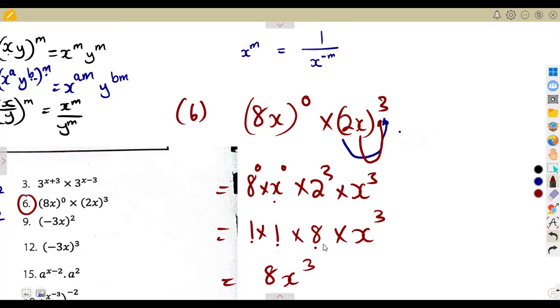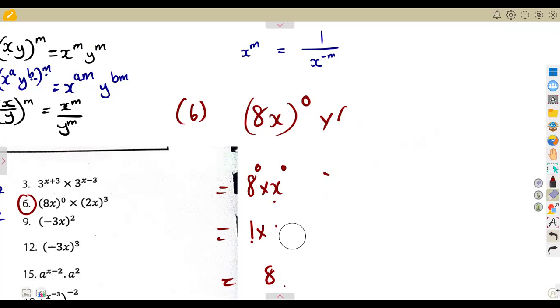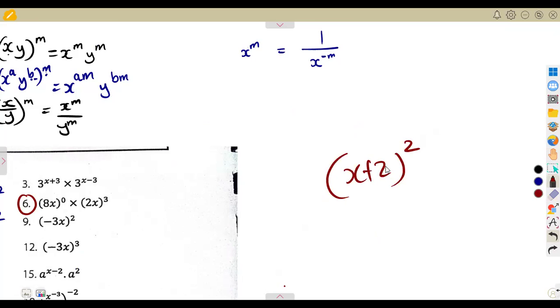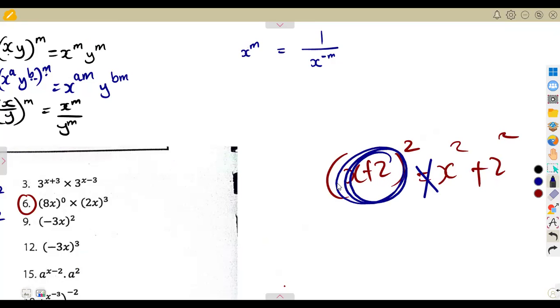That's the situation. So as long there is an exponent outside of the bracket, everything is supposed to be raised to that exponent inside of the bracket. So if you consider that, you are not going to have a problem. But take note, if it is an expression like this one, x plus 2 to the exponent of 2, it does not mean everything will be raised to the exponent, like this, is going to be x squared plus 2 squared. No, this is wrong. This is an expression.